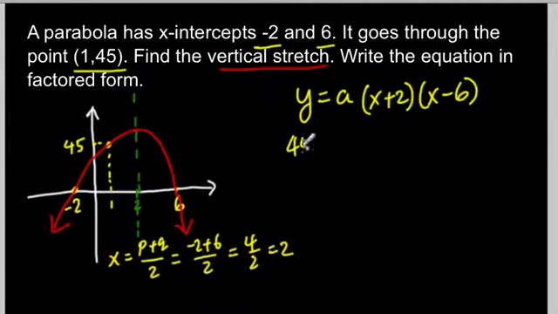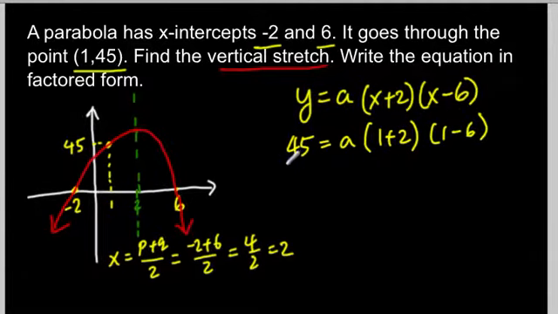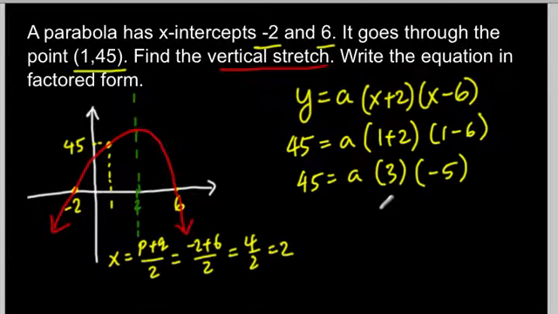So 45 equals a times (1 plus 2) times (1 minus 6). So 45 is equal to a times 3 times -5. And 3 times -5 is -15, so it's going to be -15a.